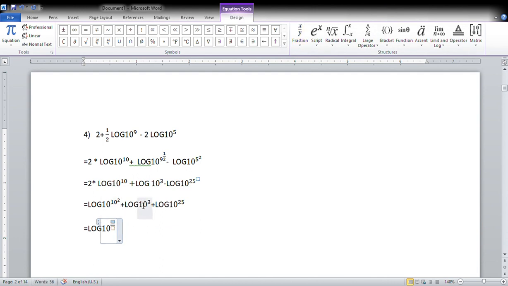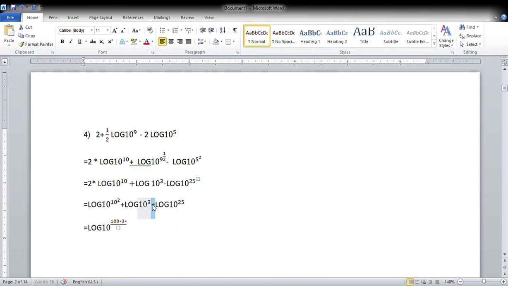So 10 into 100, it should be 100 into 3, multiply by 3, again this multiplication, and it's a minus, so this minus will come to that side, divided by 25.